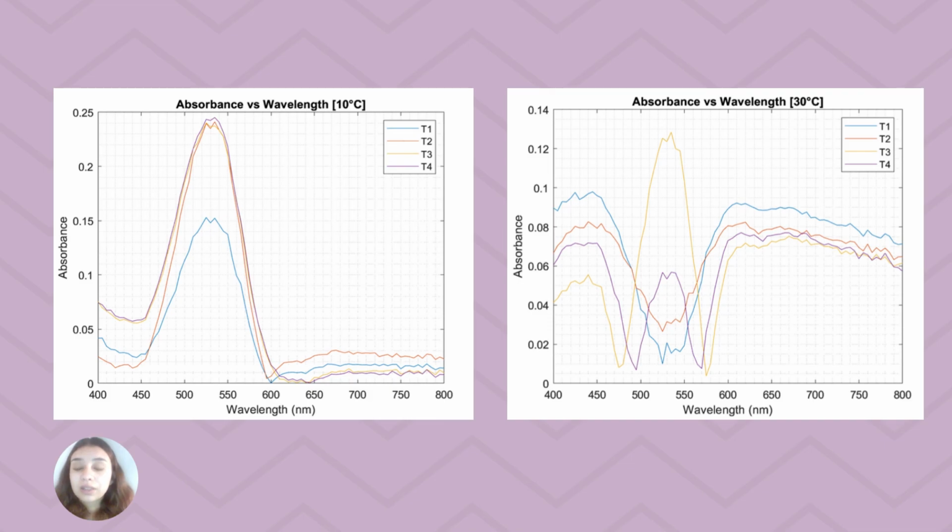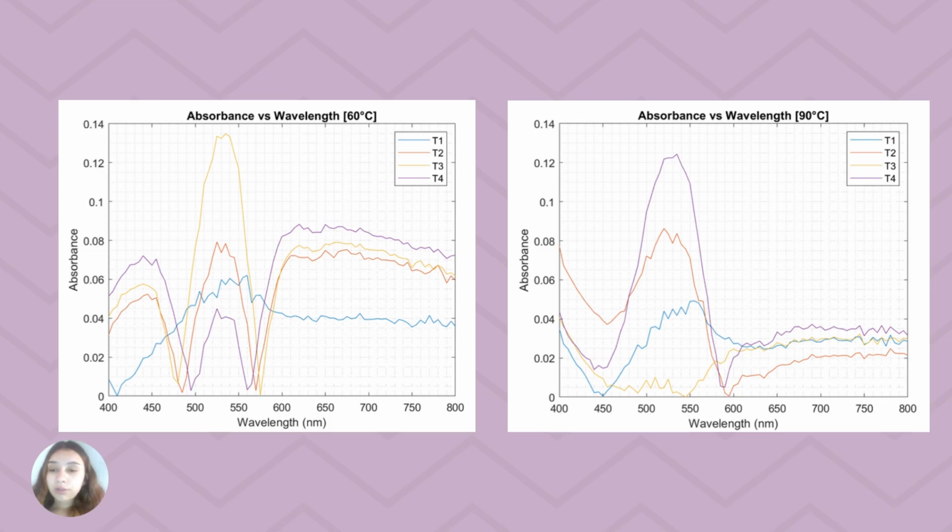For the 30 Celsius degrees, we can see that the maximum absorbance for the times of 1 minute, 2 minutes, and 4 minutes was between 400 and 450 wavelength, and for the time of 3 minutes was between 500 and 550 wavelength.